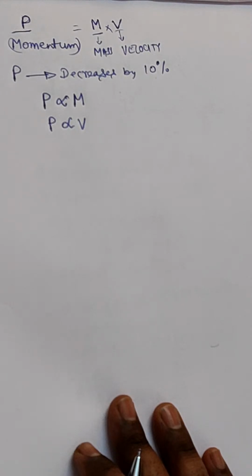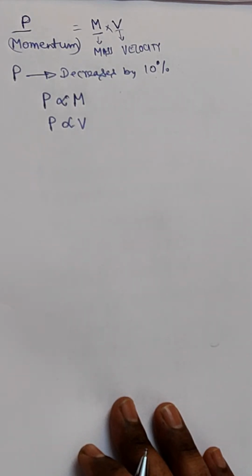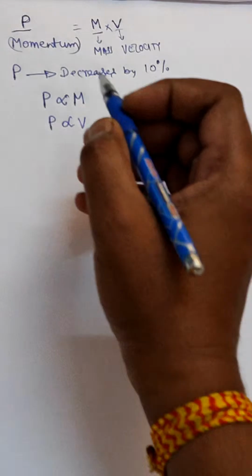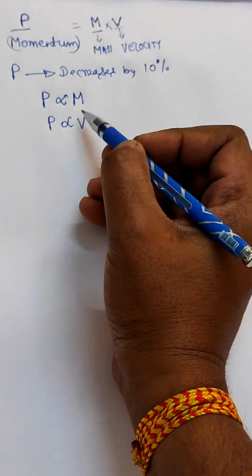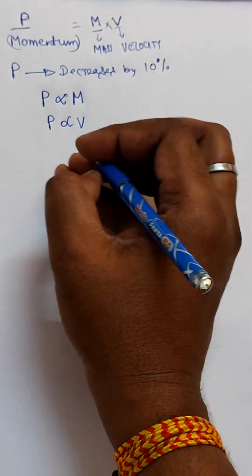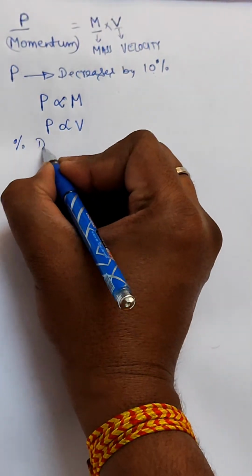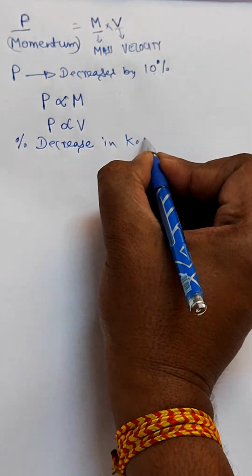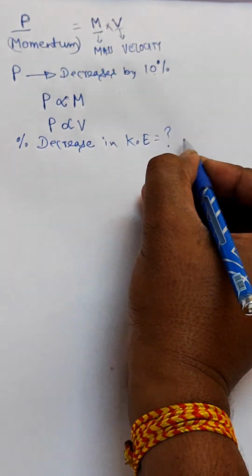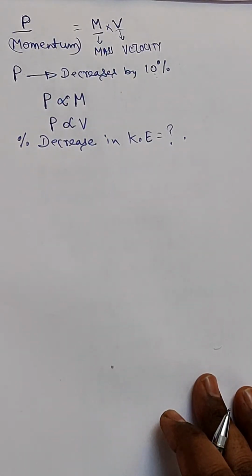Now the question is that the momentum decreases by 10%. If this momentum is decreased by 10%, then what is the percentage decrease in kinetic energy? That we need to calculate.